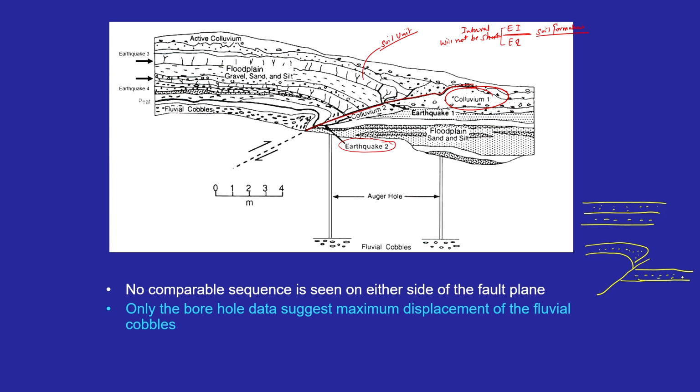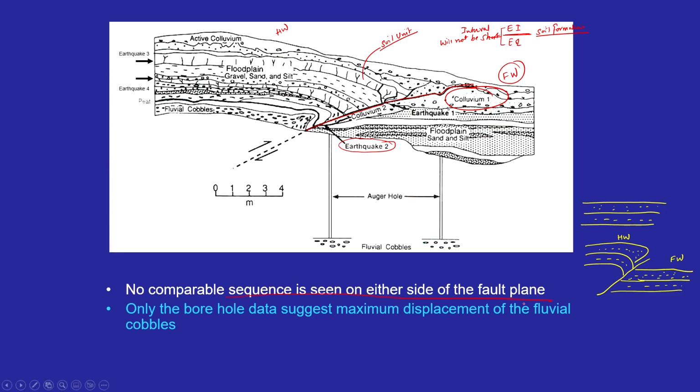But in this case of the trench, you don't see any comparable unit on the footwall side when you are comparing the lithostratigraphy exposed on the hanging wall side. So this is your hanging wall, and this side is your footwall. No similarity was observed on either side of the fault plane.